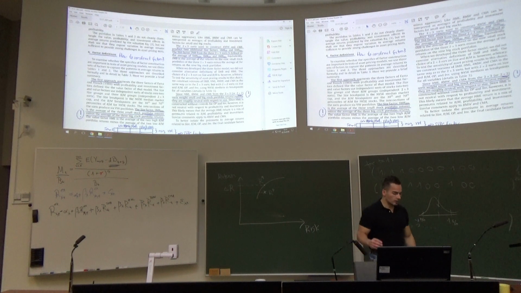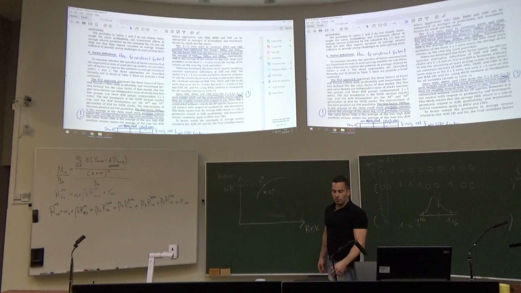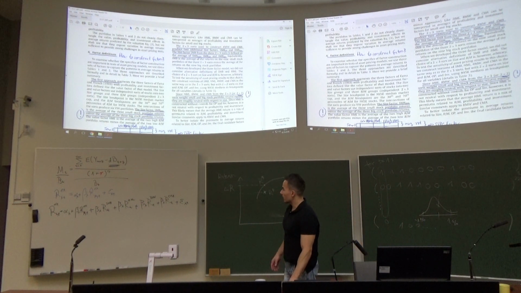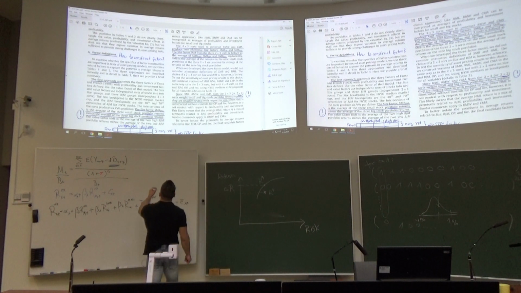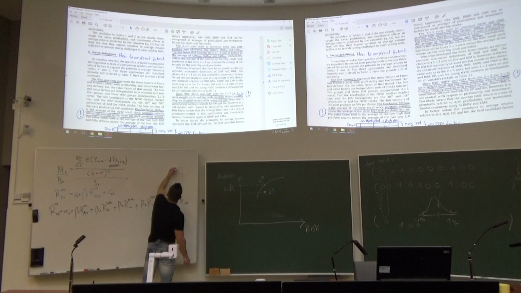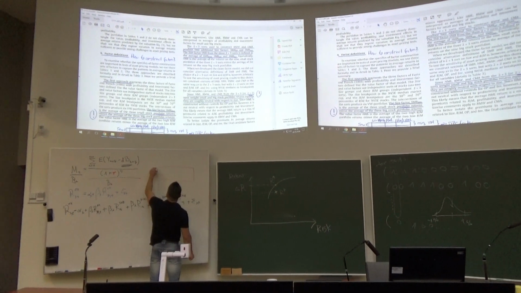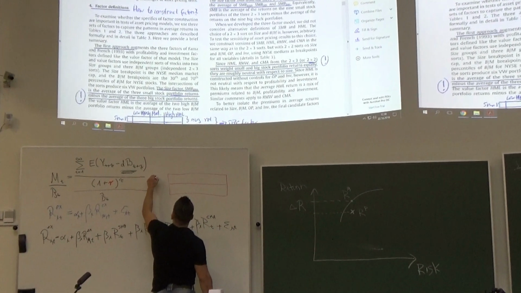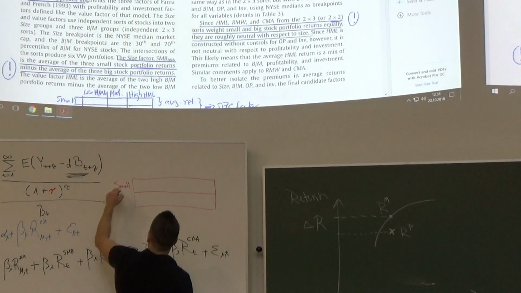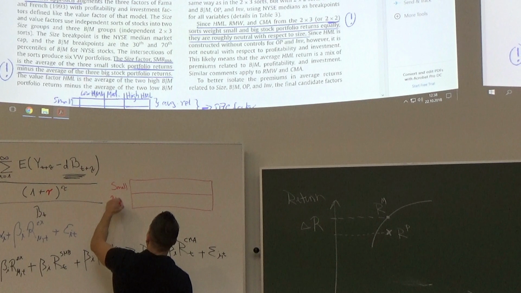In section 4, they're talking about how to construct those factors. And what they do is basically, they call it 2x3 sorts. So they have here small stocks and big stocks.